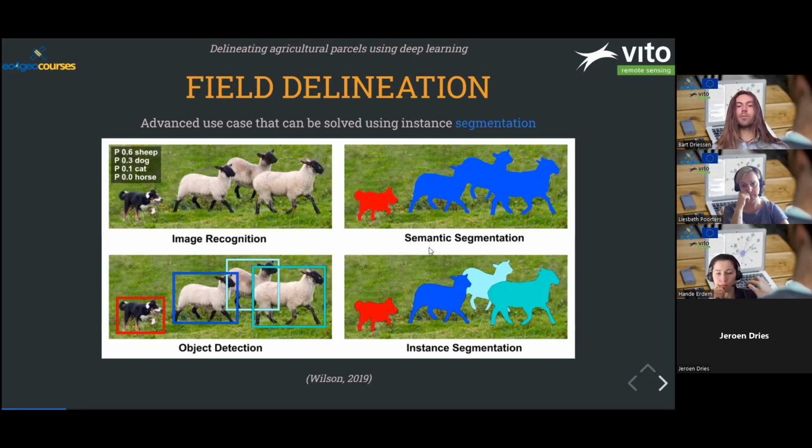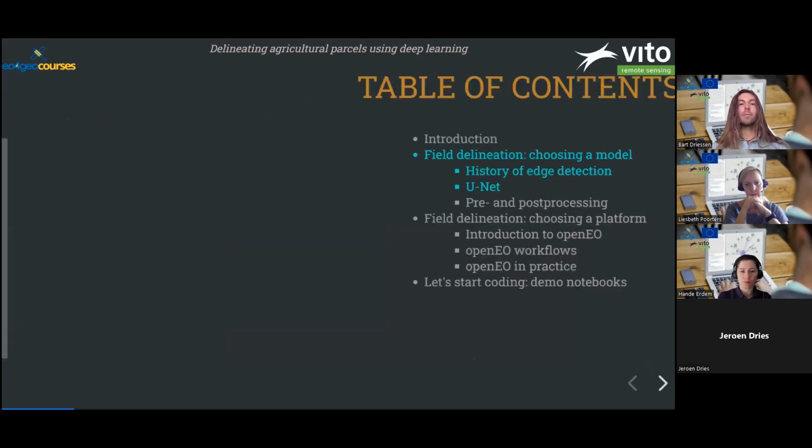But actually field delineation is really this last use case, and this is really the most complex one, where you really want to draw a very detailed delineation along every instance of what you're trying to classify. So that is what we will be trying to do. We will be trying to do instance segmentation for this use case.